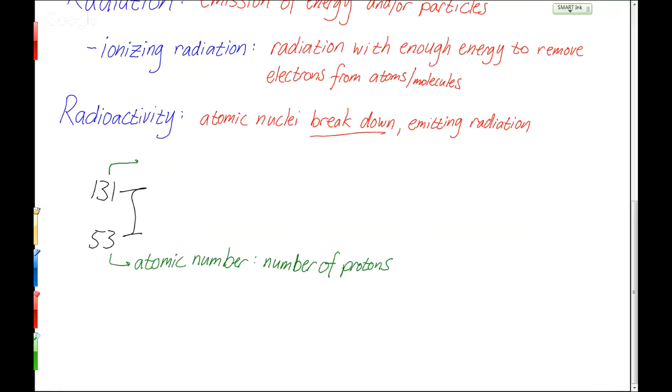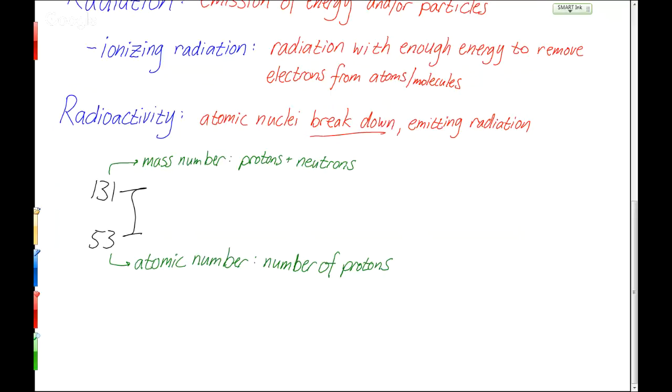And then the top one is what we call the mass number, which is the number of protons and neutrons. And if you remember way back in that early chapter, we talked about if you look at an individual nucleus, it's going to have an integral number of protons and neutrons, meaning like a count. It's not going to be a fractional number.